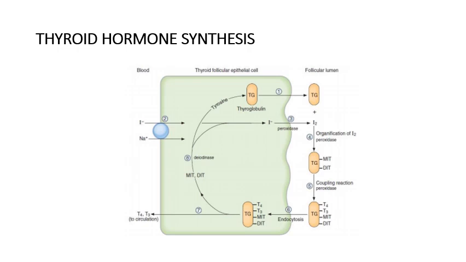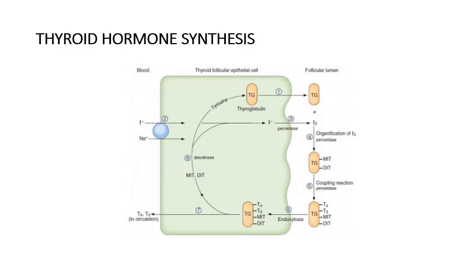After the iodide gets incorporated inside the thyroglobulin molecule, it combines with these tyrosine residues to form monoiodotyrosine and diiodotyrosine. This process is called organification of iodide, and this step is catalyzed by an enzyme called peroxidase.